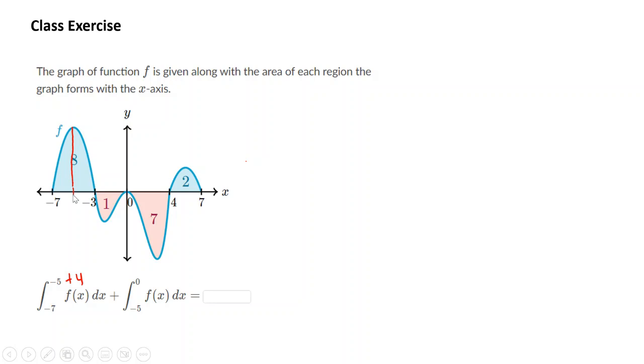The second term is from minus 5 to 0, so I can split it down and rewrite it as the integral from minus 5 to minus 3 of f of x dx plus the integral from minus 3 to 0 of f of x dx.